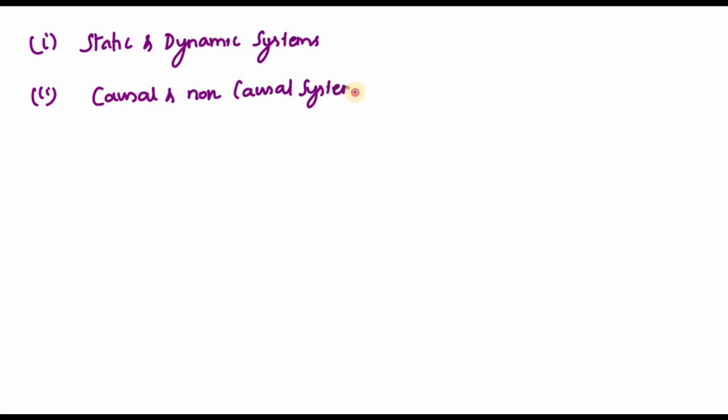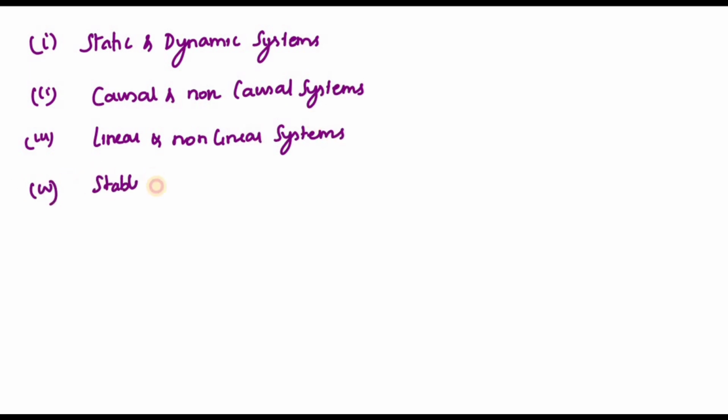The third is linear and non-linear system, which has to satisfy two conditions. The fourth is stable and unstable system, which needs bounded input and bounded output.